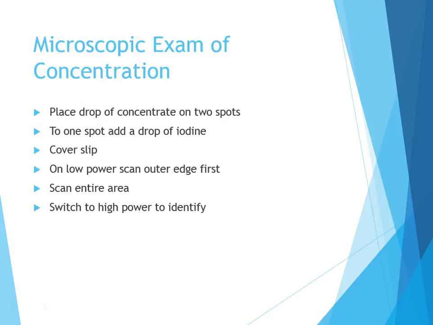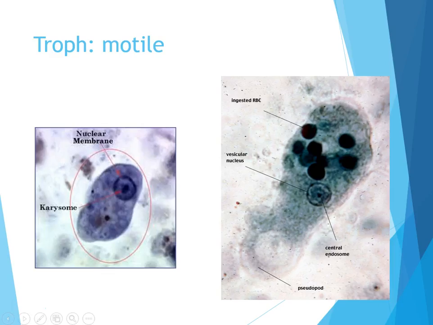You cover slip them and look at both on low power first, and you scan the outer edges because the parasites will tend to go to the outer edge first. Then you look at the entire slide and switch to high power when you think you've seen something suspicious.